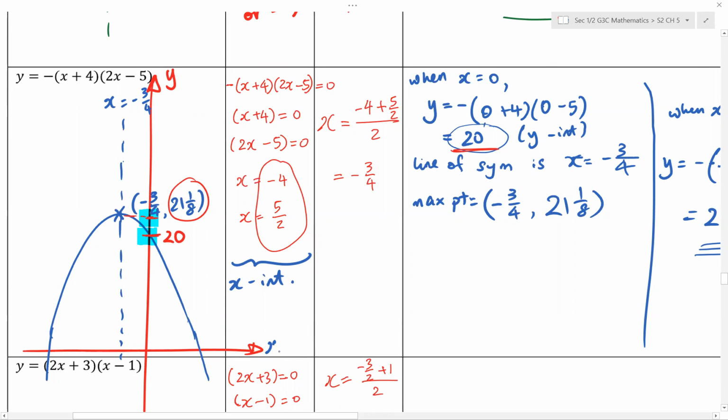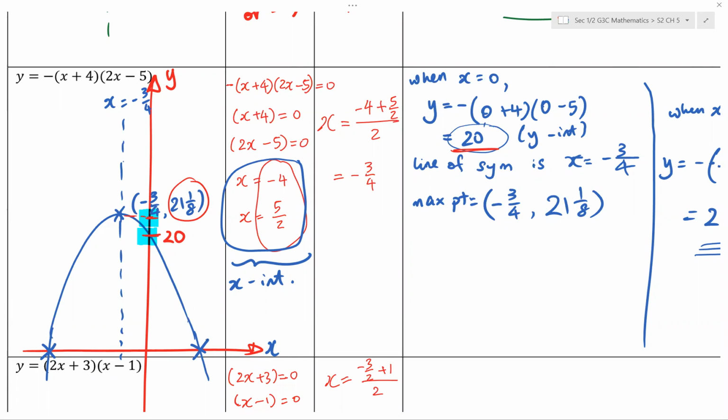So if this is my x-axis, where are my x-intercepts? It says the x-intercept will be -4 and 5/2. Which intercept, this or this, has a value of -4? And which one has a value of 5/2? You have to decide.